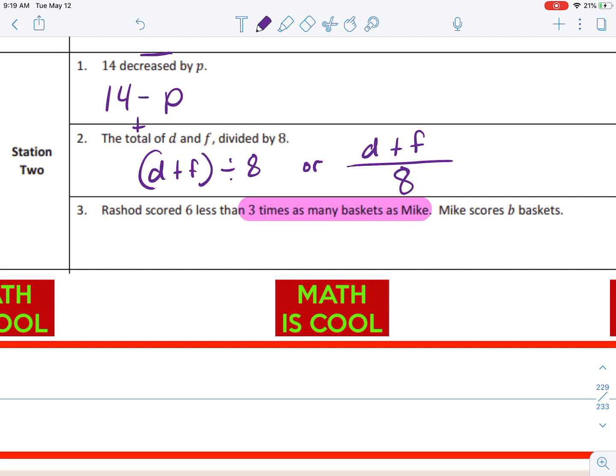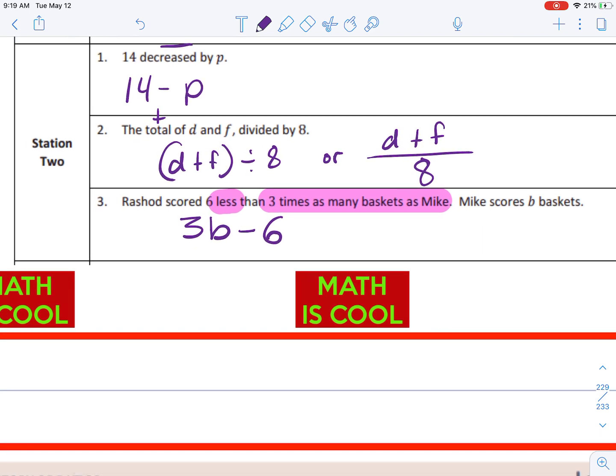Okay, so this is going to be 3B. Rashad scored 6 less. Okay, 3B minus 6. Because the key word here is less. Okay, so our answer to number 3 on station 2 is 3B minus 6.